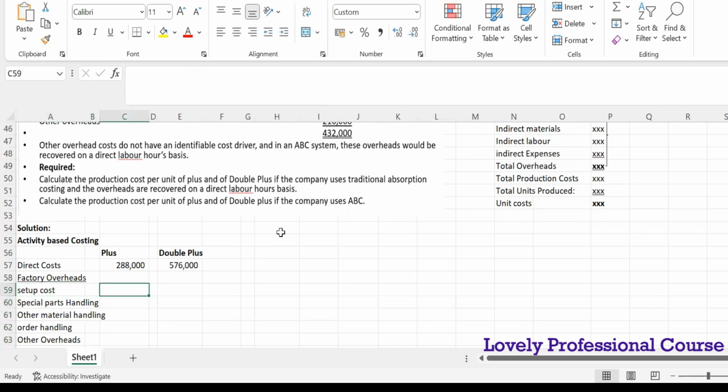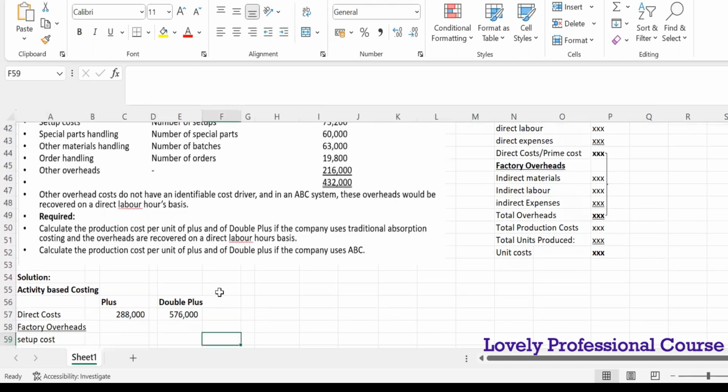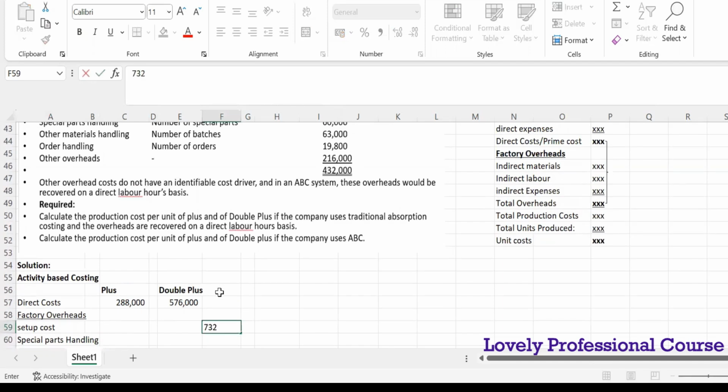So on setup cost, what to put here? I know in total the expenditure that happened is 73,200. Let me put it here for learning purposes.